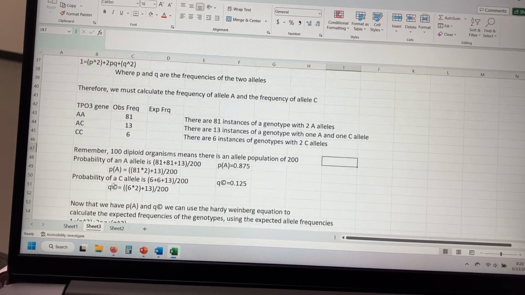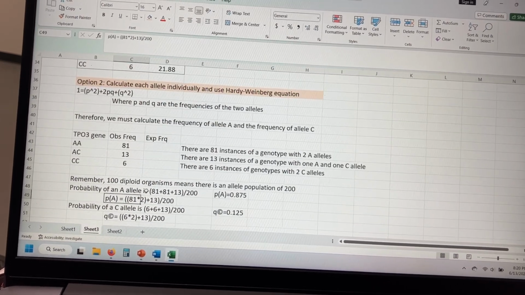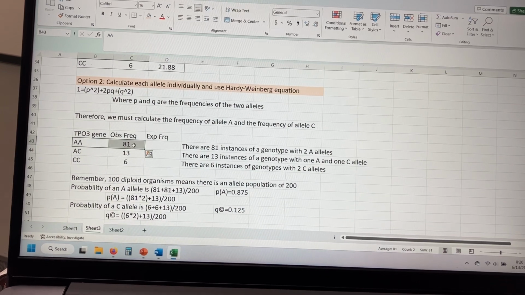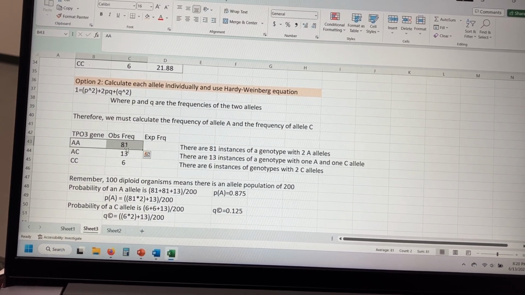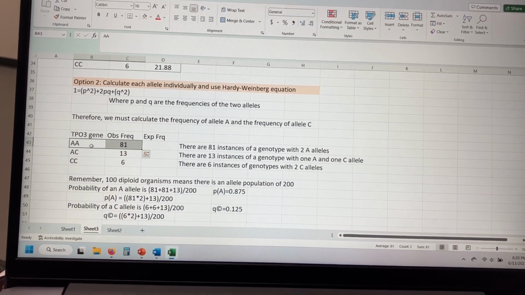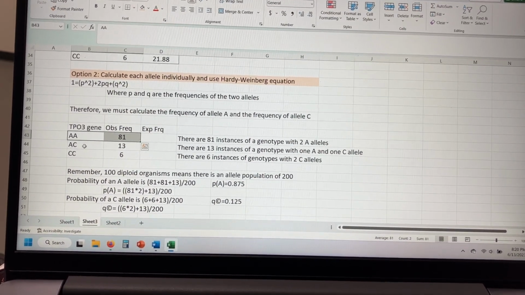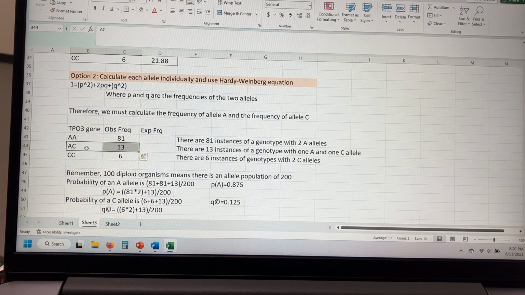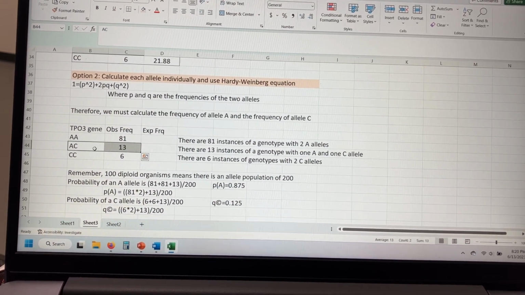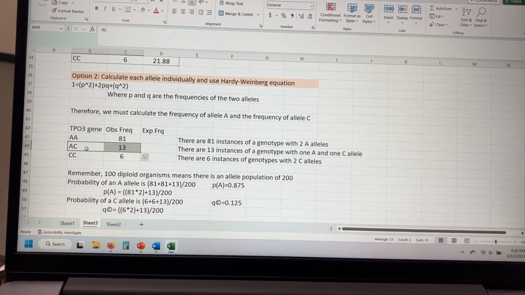So let's look at the probability of the A allele, where we look at the homozygote for A, and since there's 81 instances of that, we would multiply 81 by 2, because for every A homozygote, there's 2 A alleles. And then when we look at the heterozygote, there's 13 instances of that, but that only yields 13 additional A alleles.